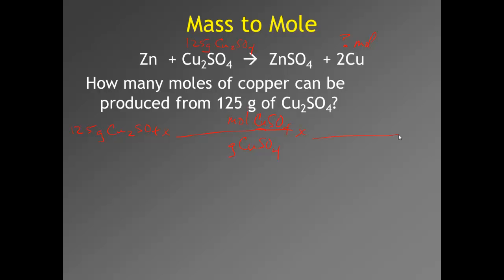And then diagonal down, same units, moles of Cu2SO4. Oops, I forgot that too. Cu2SO4, I gotta squeeze that in. I don't want to accidentally copy down a number wrong. So Cu2SO4 to moles of what I'm looking for, which is right there, moles of Cu, the copper.